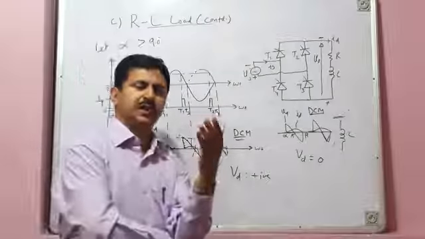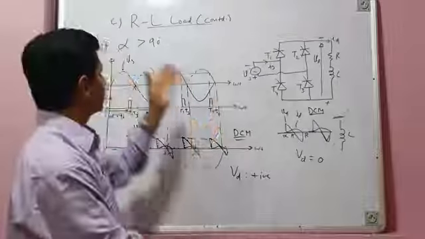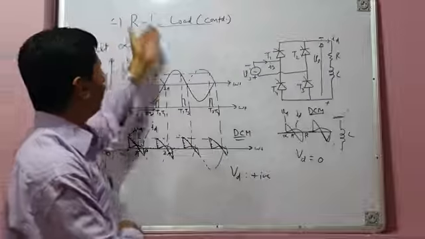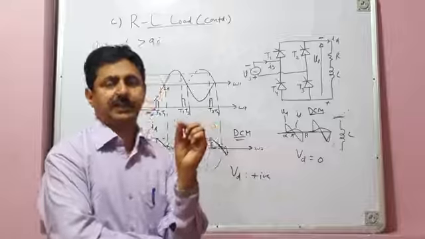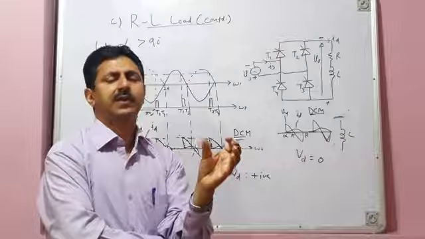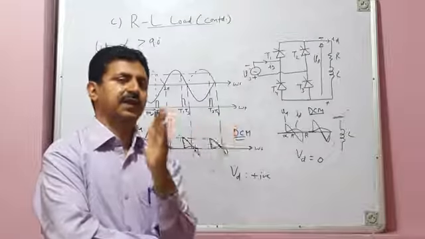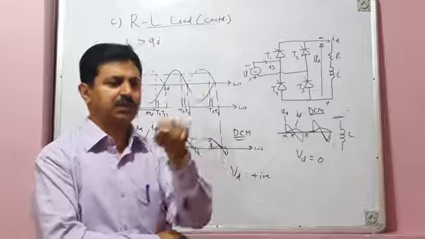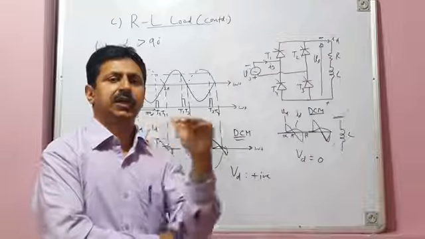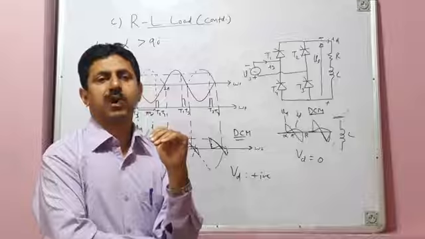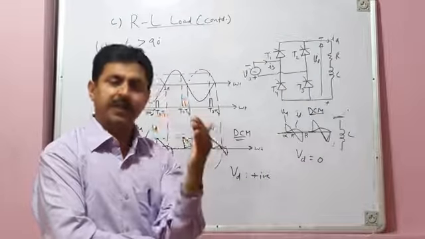In the previous lecture we studied the operation of a single phase converter for RL load for alpha less than 90 degrees. For alpha less than 90 degrees, we have seen that it results in continuous conduction mode of operation. Positive area is always much larger than negative area, average load voltage is always positive, and current is continuous.